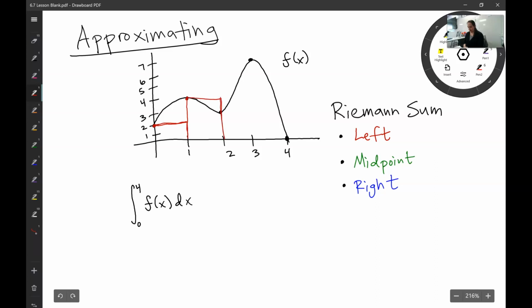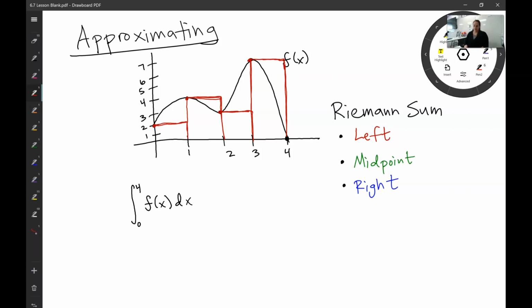So I'm going to make a rectangle from that left end point. Here's the next section. There's my left end point. So I'm going to make a rectangle from that left end point. And then here's my last section. There's my left end point. So I'm going to make a rectangle for this left end point.